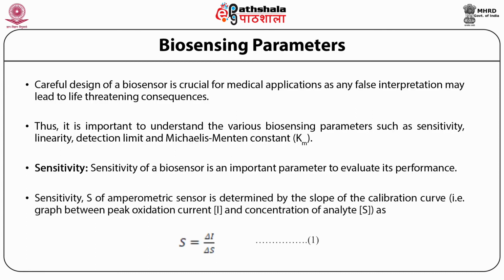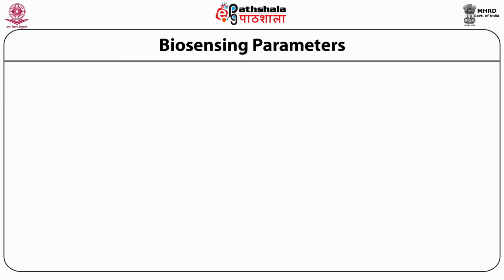Sensitivity S of an amperometric sensor is determined by the slope of the calibration curve, that is the graph between peak oxidation current and concentration of analyte S, and can be written in equation form as S = ΔI/ΔS. So sensitivity is equal to the ratio of the change in the peak oxidation current to the concentration of analyte.